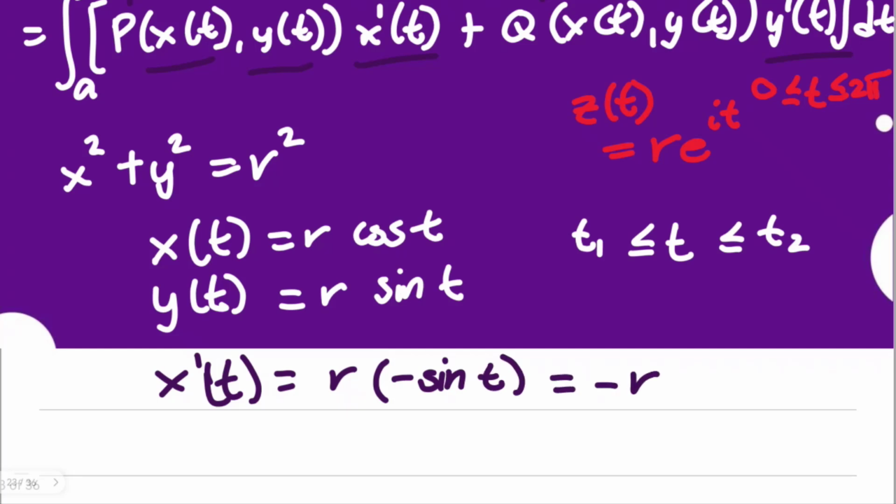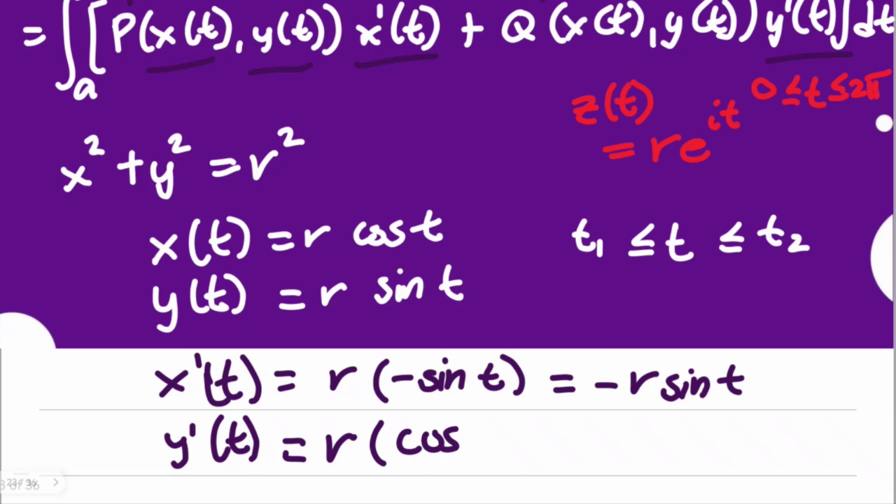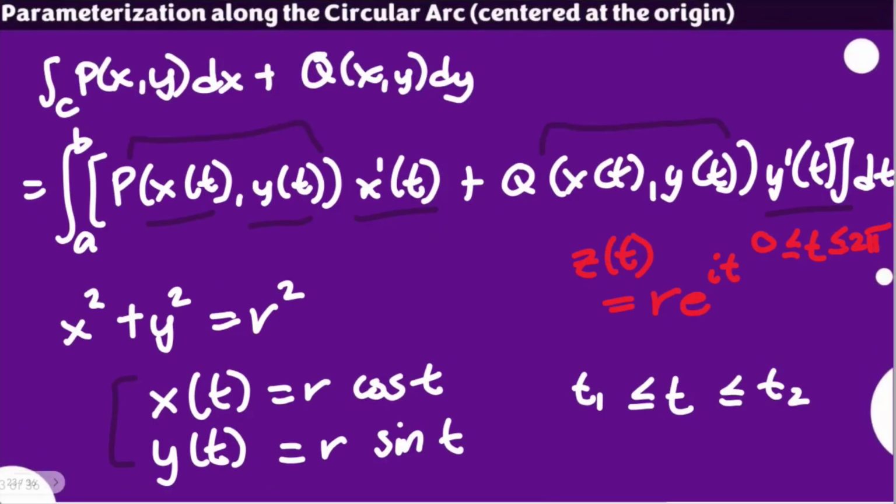In short, it is negative r sine of t. As for your y prime of t, it's r times the derivative of sine, which is cosine t, or just r cosine of t. These will be plugged in, again depending on how the p and q functions are defined.